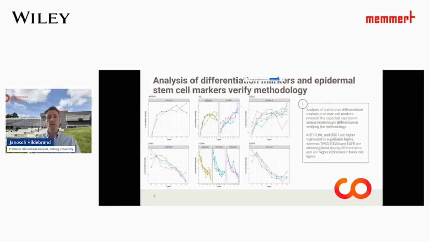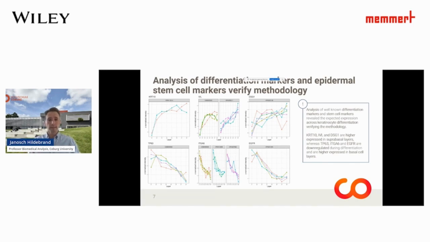To verify our methodology and general approach, we first checked the results for known differentiation markers and epidermal stem cell markers. As you can see above, there are typical differentiation markers like keratin 10, involucrin, or desmoglein 1, which were identified to be lowly expressed in basal cell layers and upregulated in suprabasal layers.